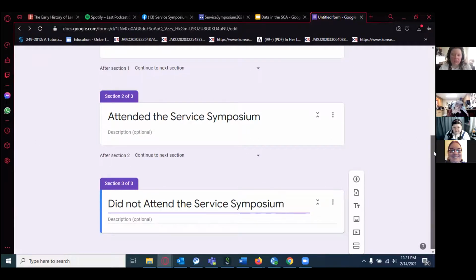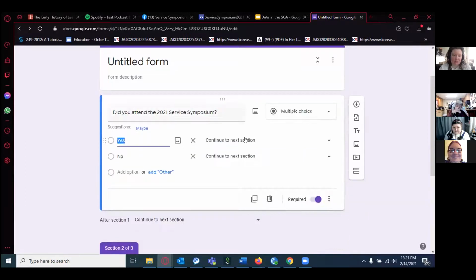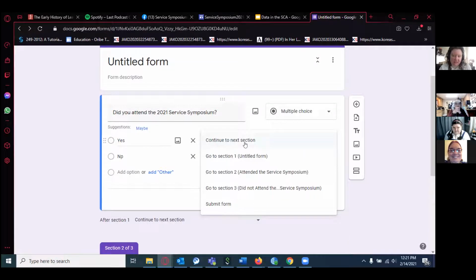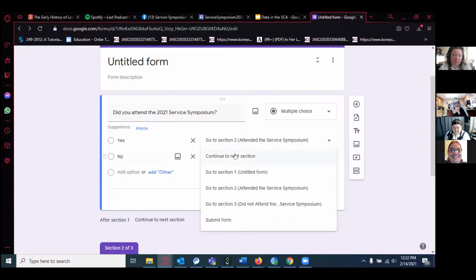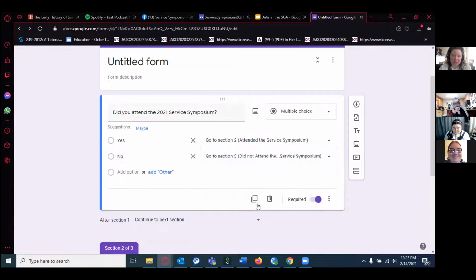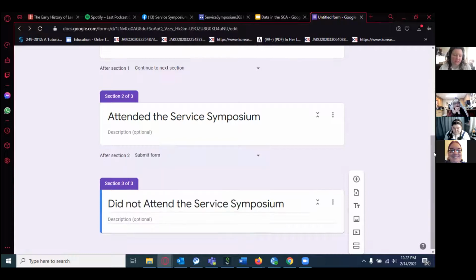So if the person said yes, they did attend the 2021 Service Symposium, we're going to tell them to go to section 2. And if they did not attend the 2021 Service Symposium, we're going to tell them to go to section 3. And then after each of these sections, we're going to submit the form.